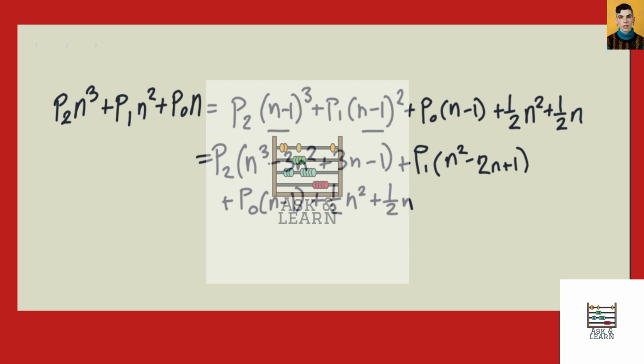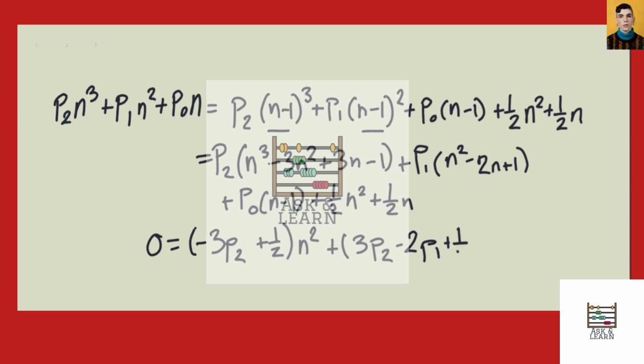Then if we subtract some of this stuff from the left-hand side into the right-hand side, we end up with 0 equal to (negative 3 p2 plus 1/2) n squared plus (3 p2 minus 2 p1 plus 1/2) n plus (negative p2 plus p1 minus p0).